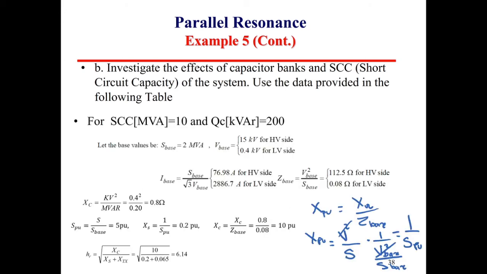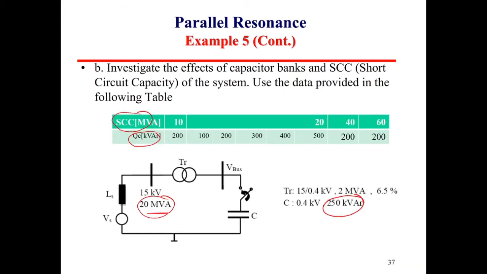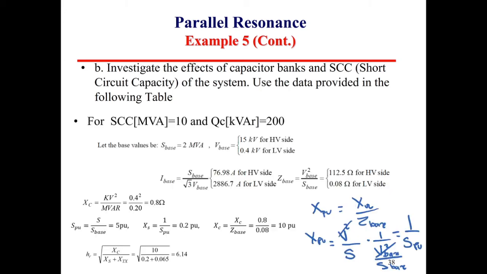We have to do several scenarios, or actually we just need to repeat the procedure again, but with those new values. The initial value for the short circuit level was 20, and now it will be 10. The initial value for this one was 250, now it is 200. So we just need to repeat the procedure again.